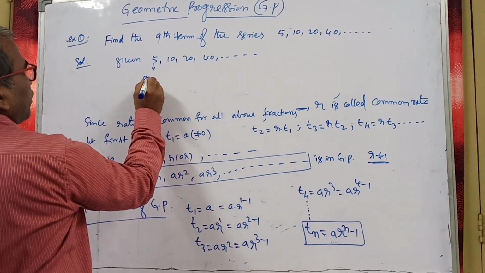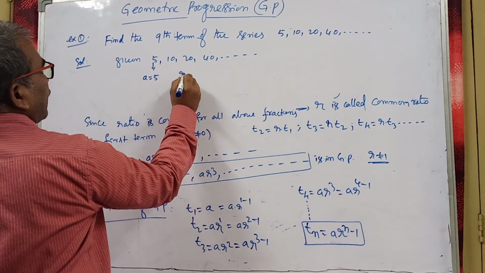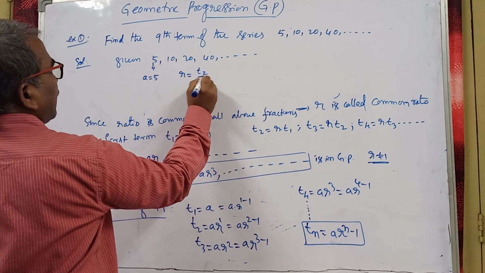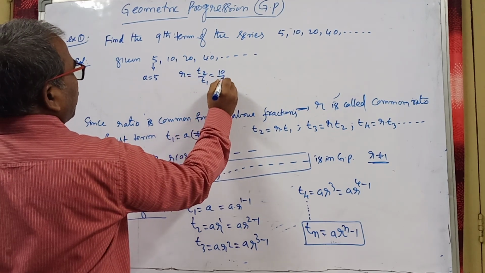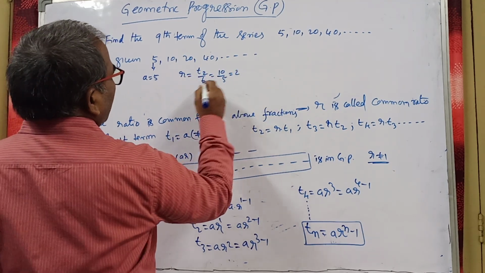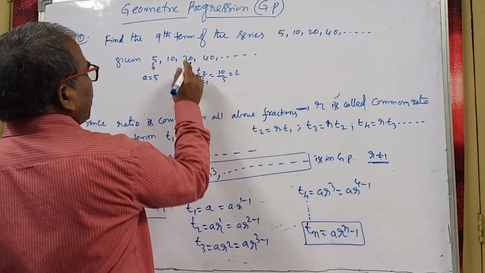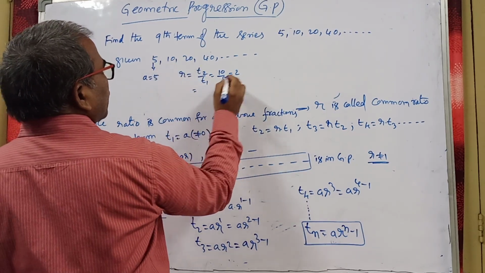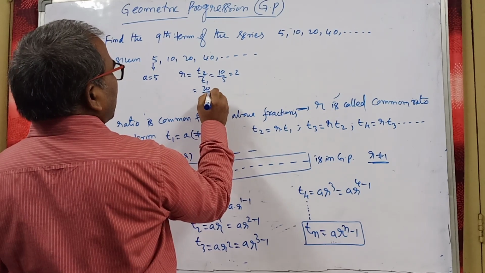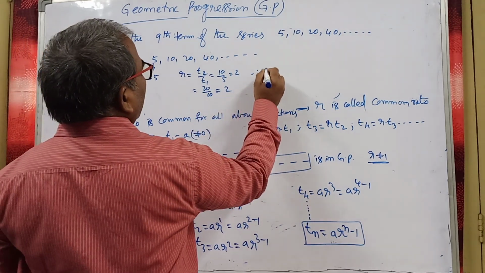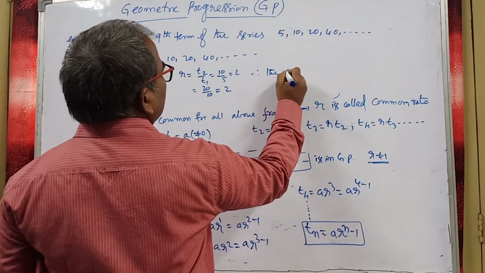See, the first term A is 5. For the ratio, I find T2 by T1: 10 by 5, that is 2. Then 20 by 10, that also is 2. Therefore the given series is in GP.